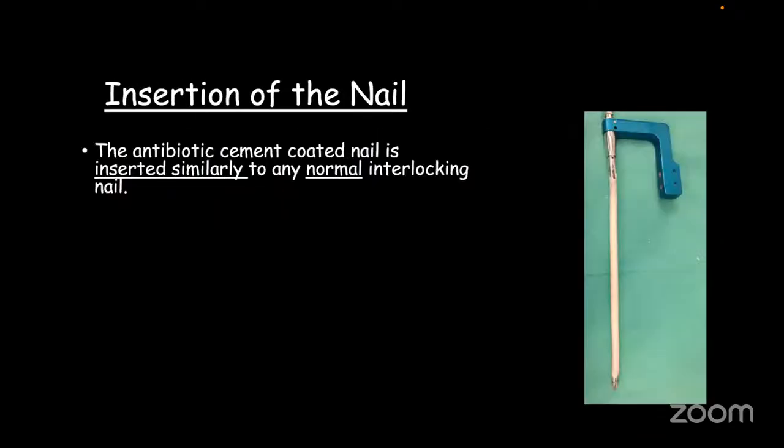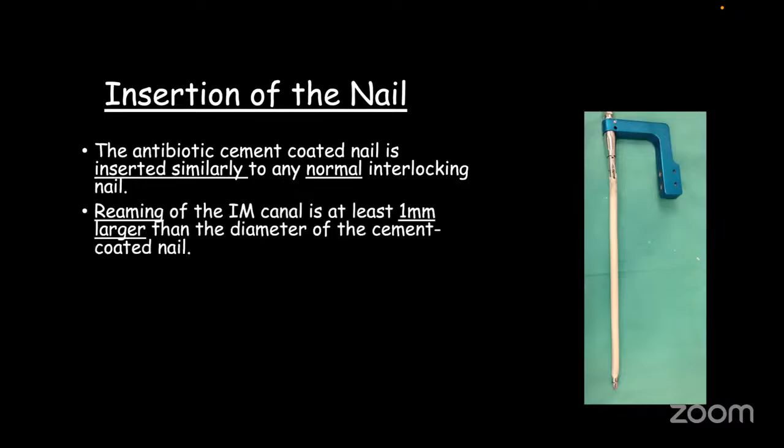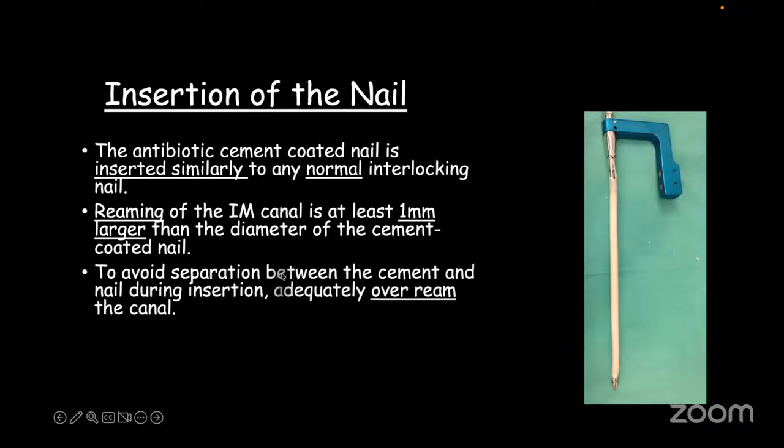So this is how the antibiotic coated nail is ready for insertion, and it has to be inserted like any normal nail. The reaming of the intramedullary canal should be at least 1 millimeter larger than the diameter of the cement coated nail, to avoid separation between the cement and the nail during insertion.